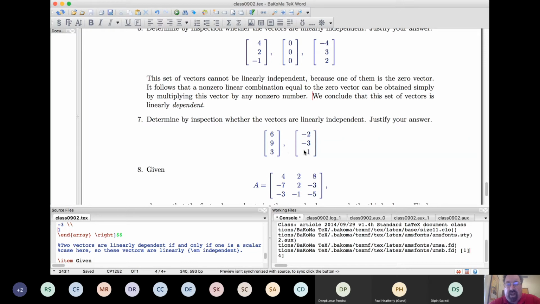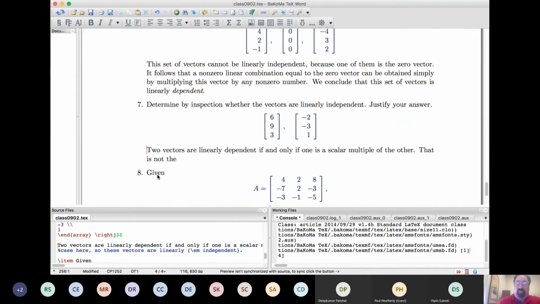If this had been a minus right here, a -1, then this vector would be equal to -3 times this. But since the ratios are not all the same, they're not scalar multiples of each other, so they're linearly independent.